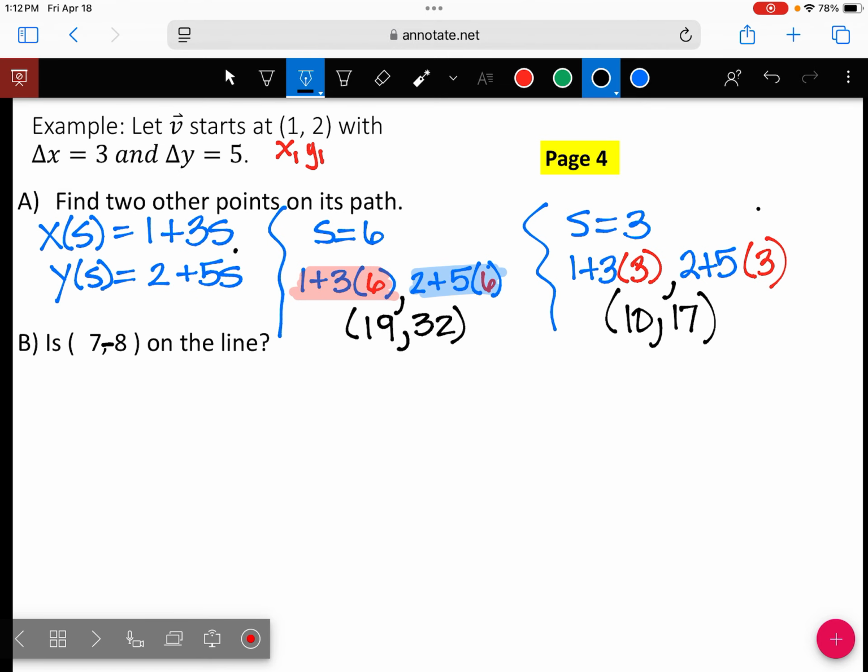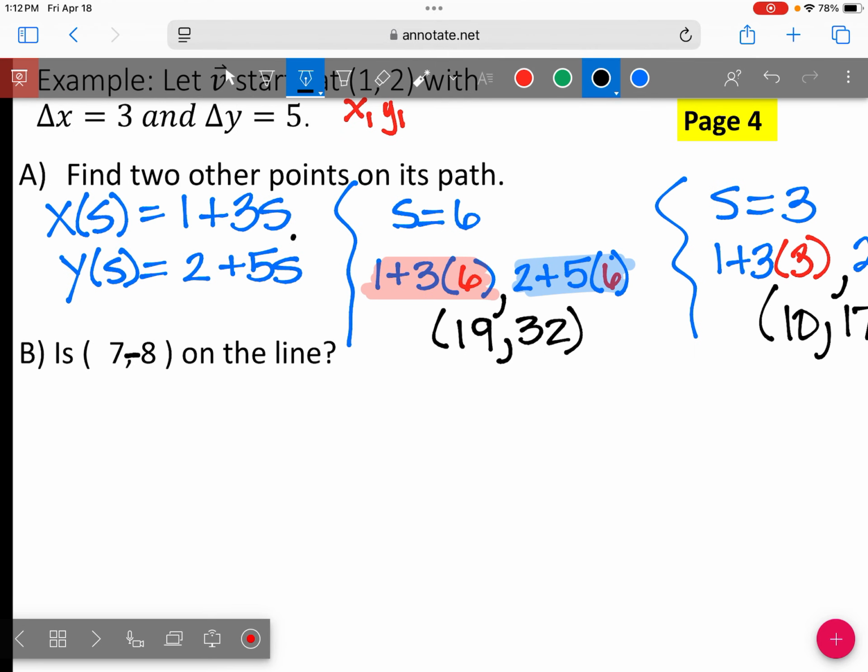All right, last thing. How do we figure out if we're given a point if it's on the path? We're simply going to substitute the values we have in our set of equations. So I'm going to substitute 7 in here. So we have 7 equals 1 plus 3s.